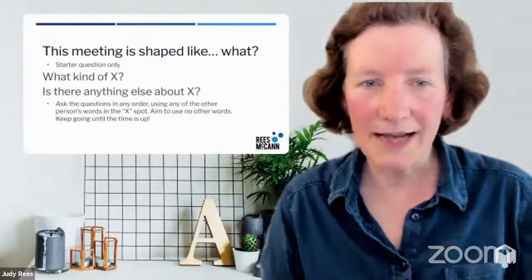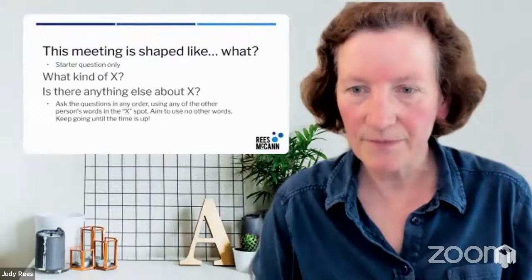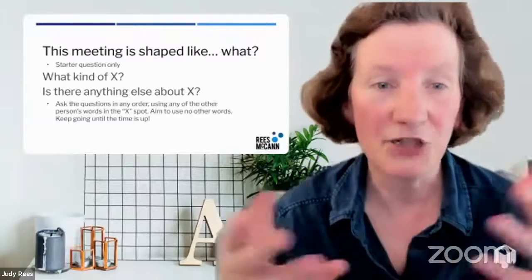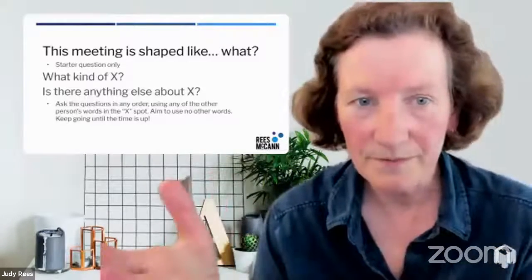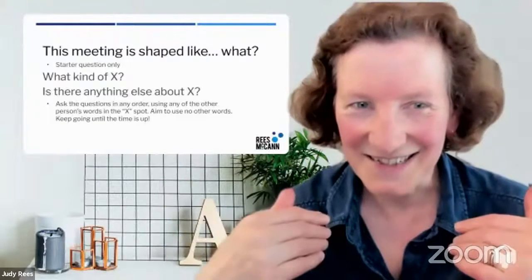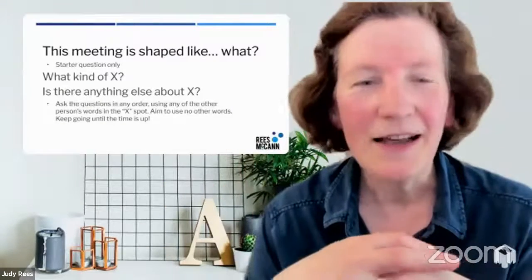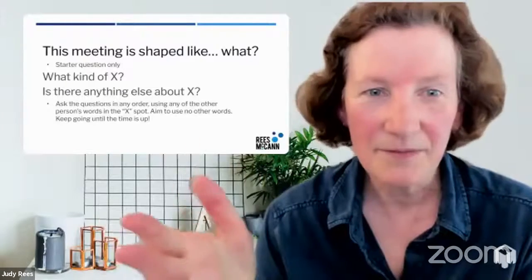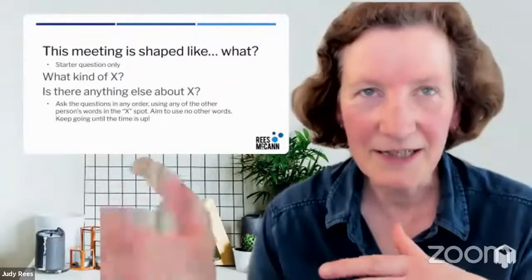The person who's asking the questions starts by asking, "For you, this meeting is shaped like what?" Listen to the answer and then ask the following 2 questions in any order, as many times as you like.